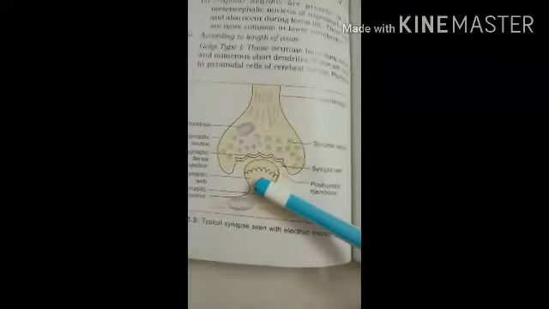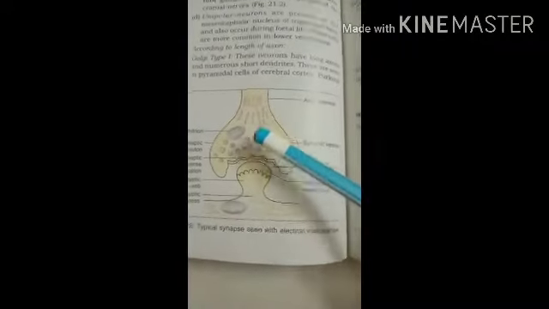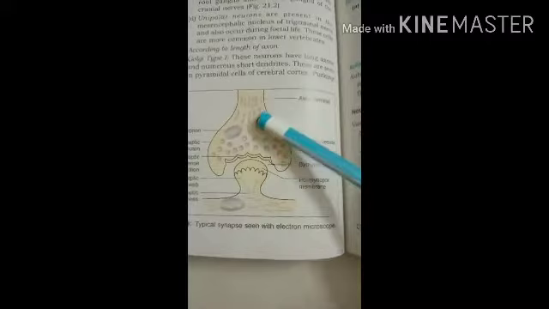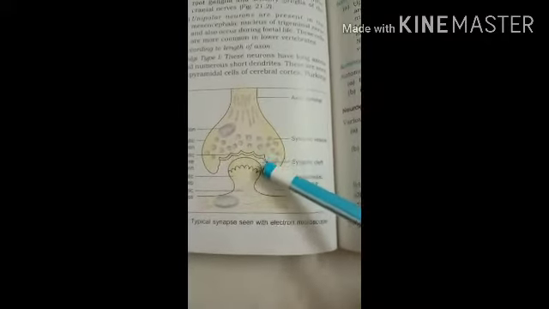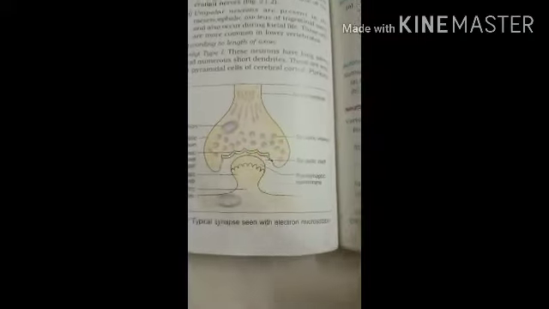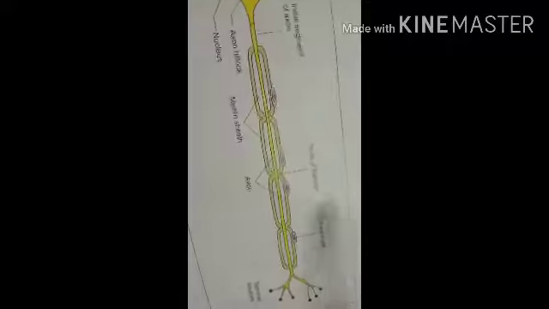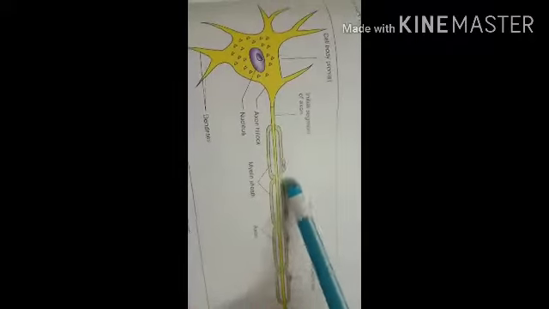The first definition is the synapse. You know, the synapse is the connection of the axon and the cell body of different neurons. Where the connection occurs, it is called the synapse. Then nerve fibers: nerve fibers means the axon of the neuron.